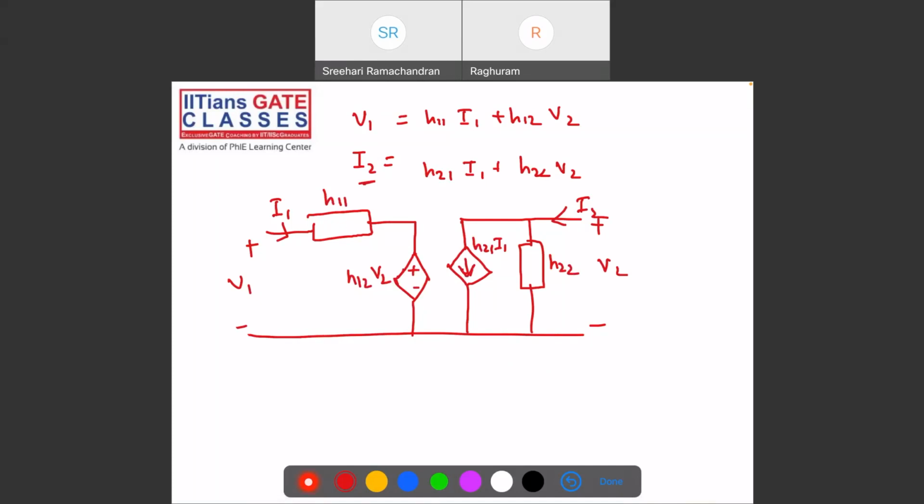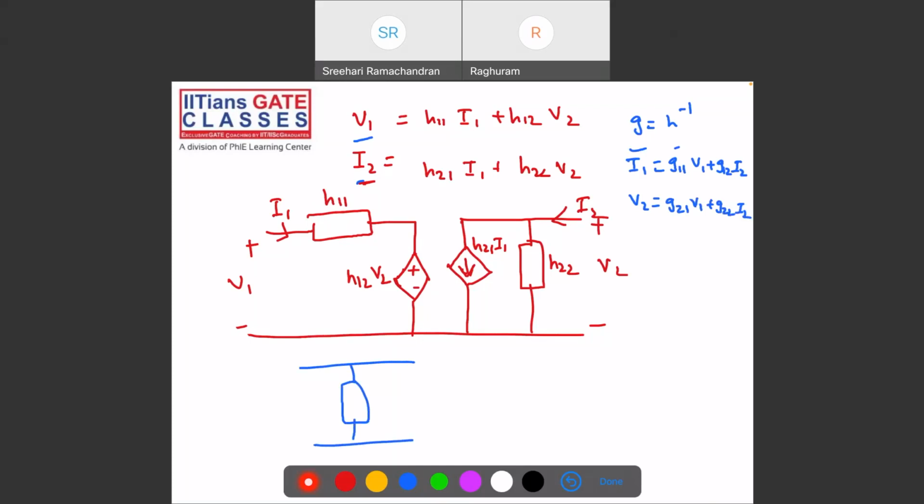See, there is one more, G parameters. G parameters are the inverse of H parameters, or rather the dual of this. It's like I1 and V2: G11 V1 plus G12 I2, and G21 V1 plus G22 I2. If I draw it, it will be like this.